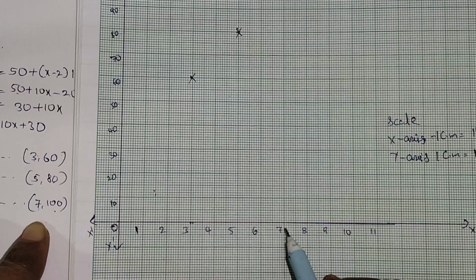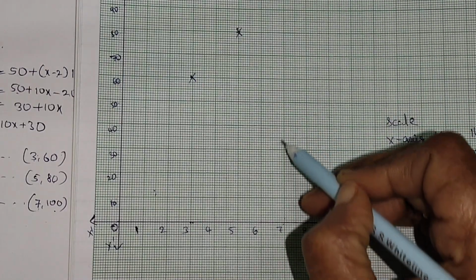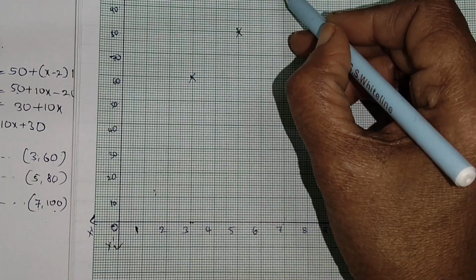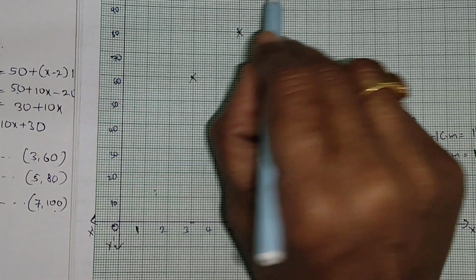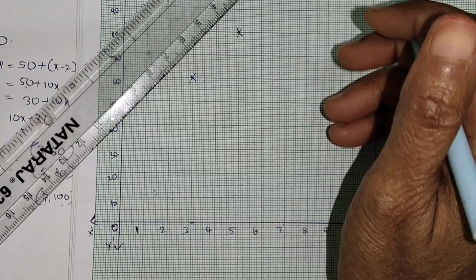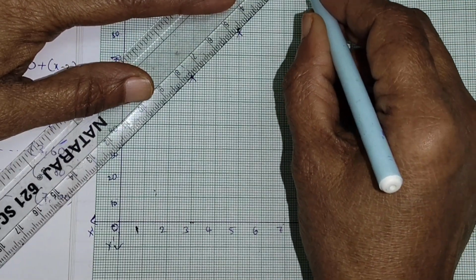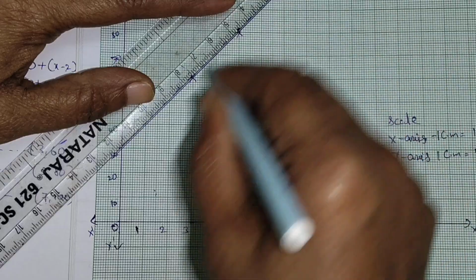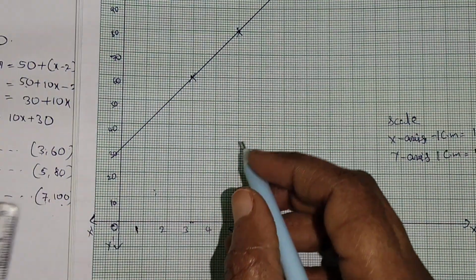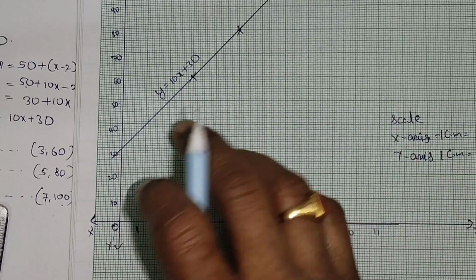Next 7 comma 100: on the x axis 7 and on the y axis 100. So we mark 3 points and then join these 3 points and draw the line. This line is y equal to 10x plus 30.